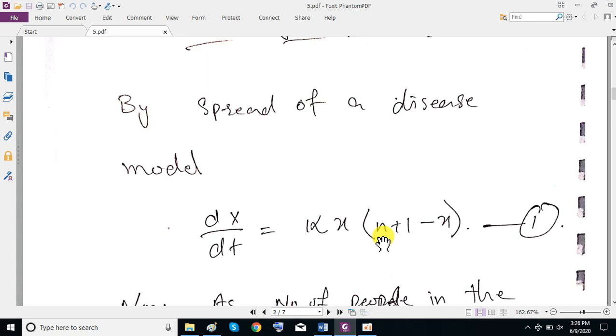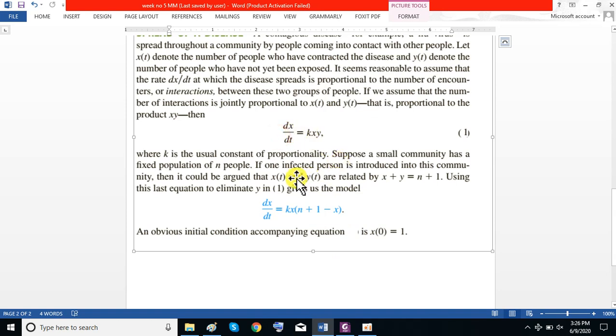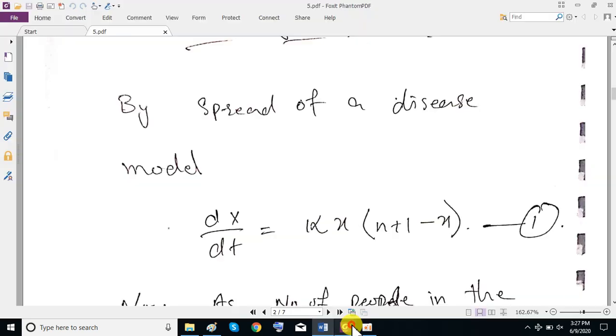If there is no fixed number of community, then we use the first equation, dx by dt equal to kxy, and this is a non-linear model, and we cannot solve it by a simple technique. We solve this type of model by numerical methods. We cannot find the exact solution, we find a numerical solution for this type of question. Therefore we fix the number of the community here.